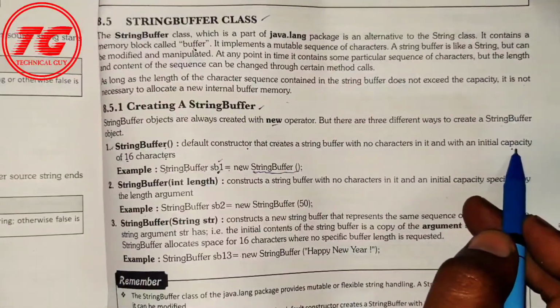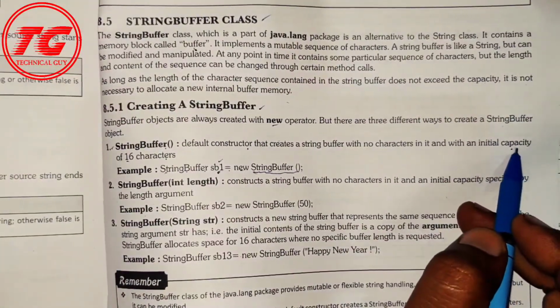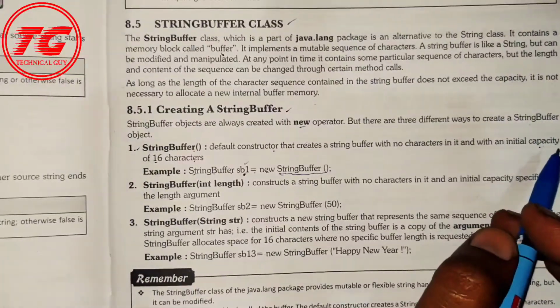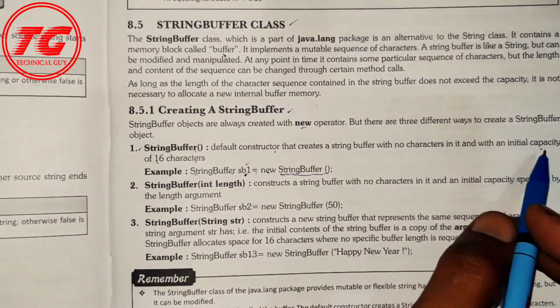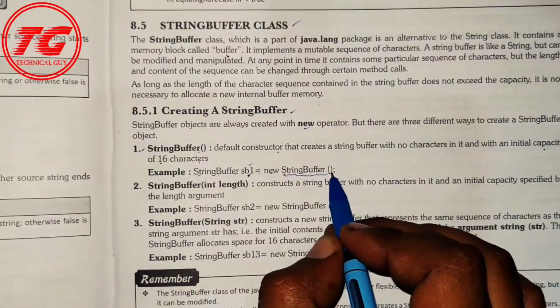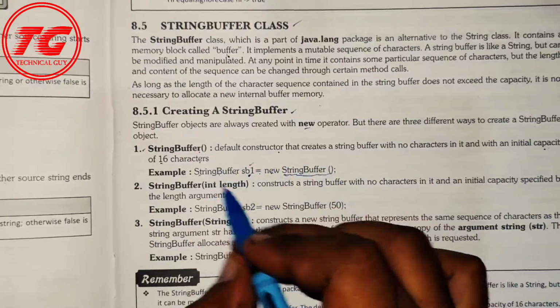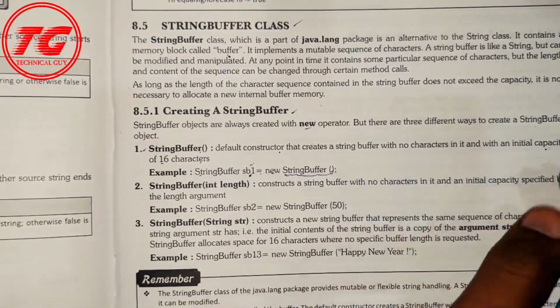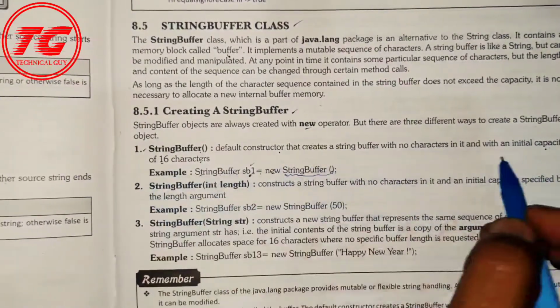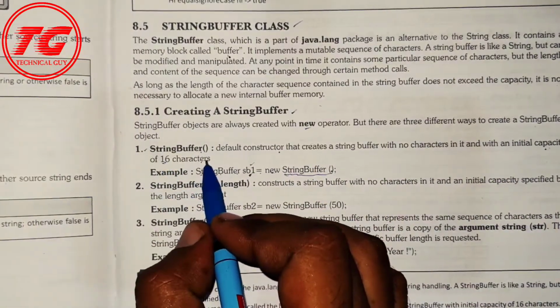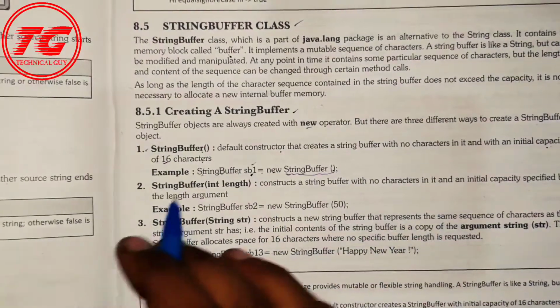This is the initial capacity only. Afterward you can also increase the capacity if there is a need. As you can see here, no argument is given, that's why it will create a buffer with an initial capacity of 16 characters.